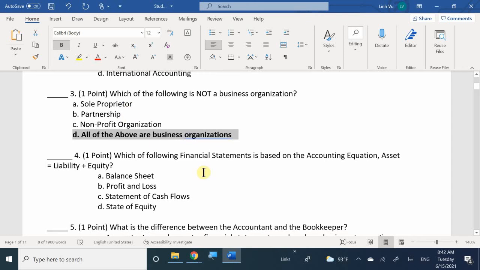Number 4, which of the following financial statements is based off of the accounting equation: assets equals liabilities plus equity? Letter B. Letter B, no. It is not the profit and loss.